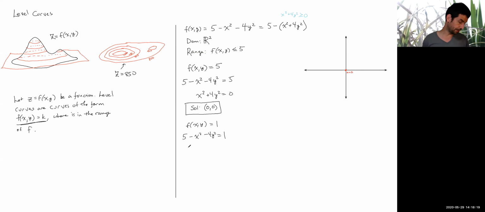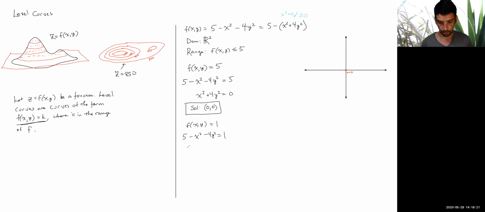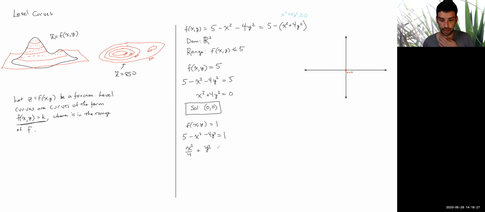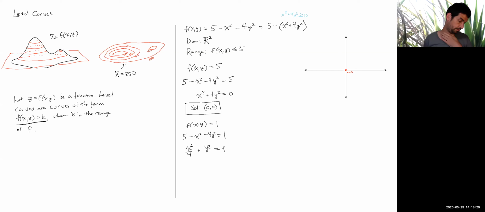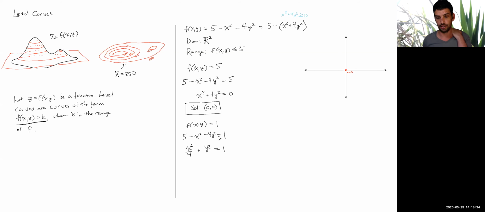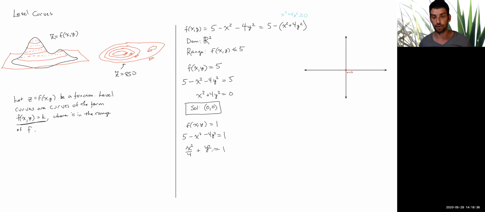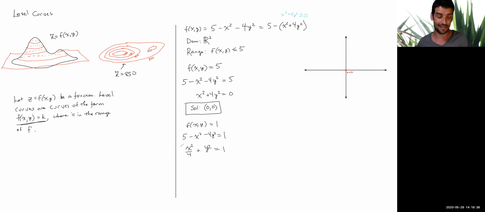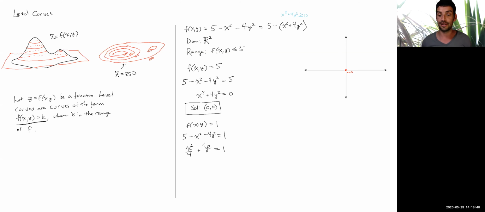If we do a little bit of algebra on this, we're going to get x squared over 4 plus y squared equals 1. Okay, I'll let you work out the details of that algebra. But it's pretty straightforward to see. And you might recognize this as an ellipse.